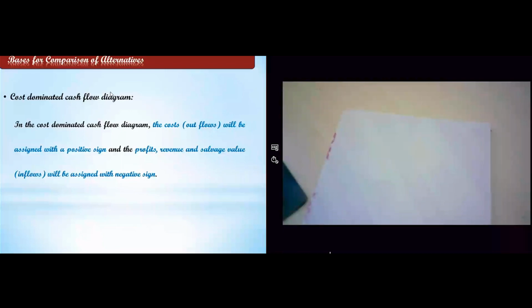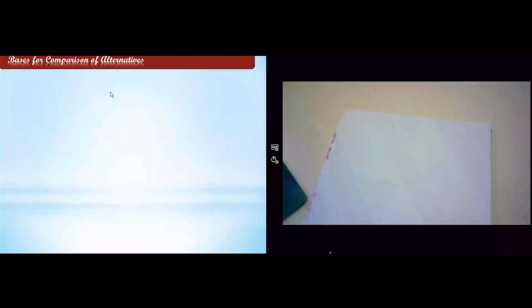That salvage value, and the profits or any revenues which the organization gets from using the equipment, will be taken as negative. So in a cost dominated cash flow diagram, all the cost factors should be taken as positive and the revenue factors as negative. You have to remember that.